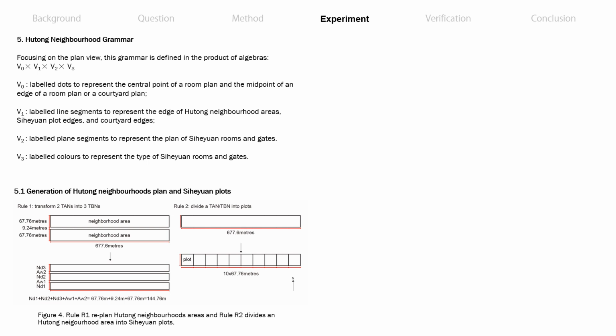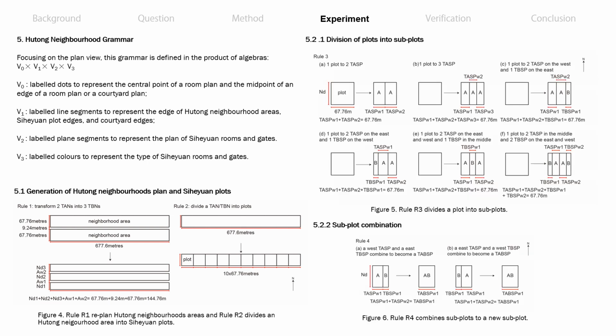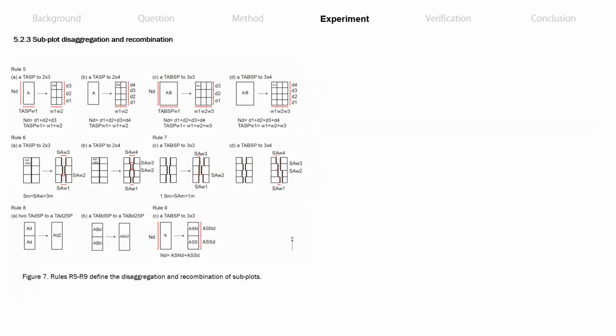Next is the generation of the grammar. First is to generate the Hutong neighborhoods and divide the plan of the neighborhoods into Siheyuan plots. The second step is to divide the plots into subplots. It's noted some subplots may combine to become new subplot types, and also some subplots may disaggregate and recombine to become new subplot types.